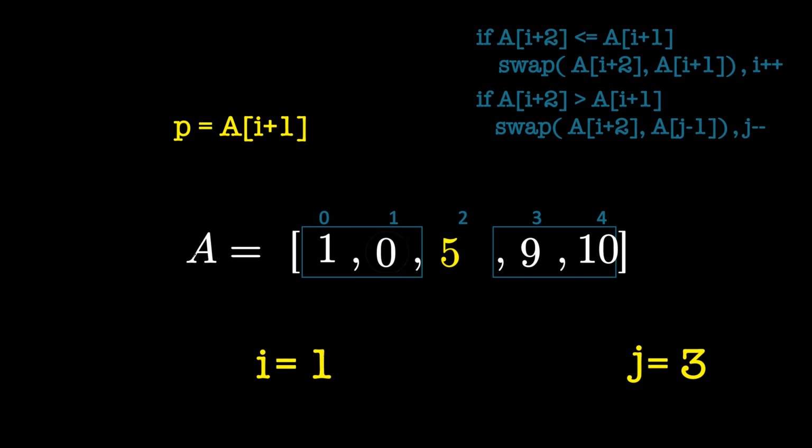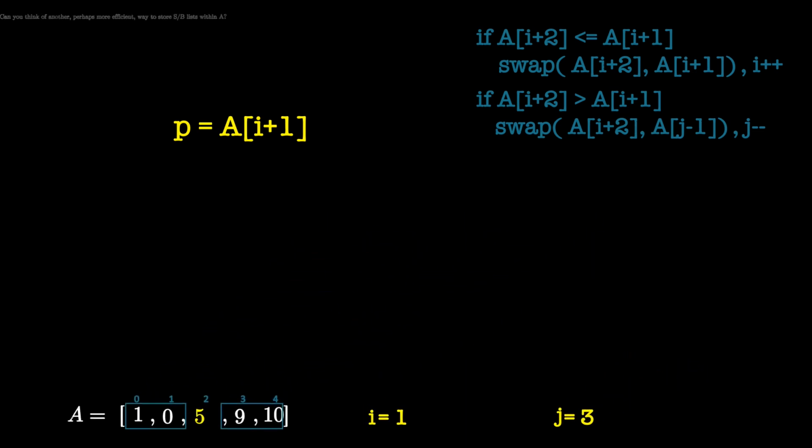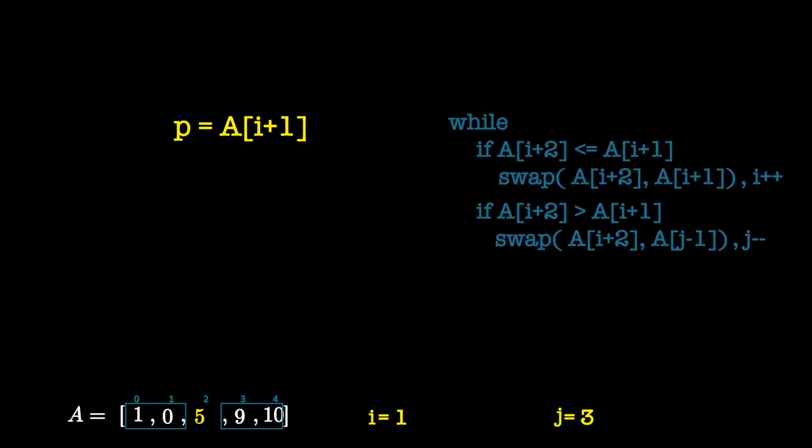We have our lists S and B separated within the original list A without allocating any new memory. And 5 is at its rank, which is its correct position in the sorted list. At the end of this iteration, we are going to recursively call our algorithm on S and on B as we did previously.